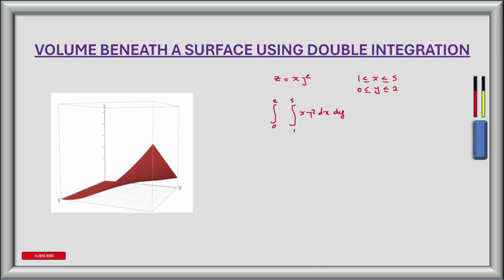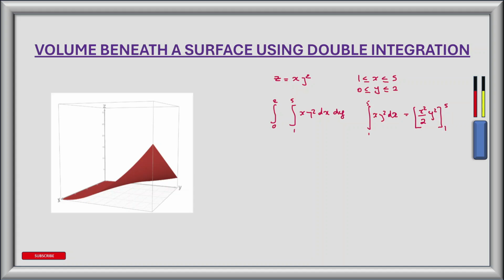So let's first do the x integral. So we're going to integrate from 1 to 5 xy squared dx. So in this case, the y term is a constant, and the integral should give us a function of y as we saw in the presentation. So if we integrate x, we get x squared over 2 times y squared, at values of x between 1 and 5.